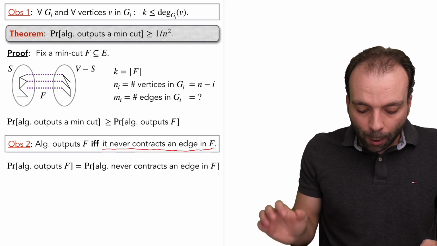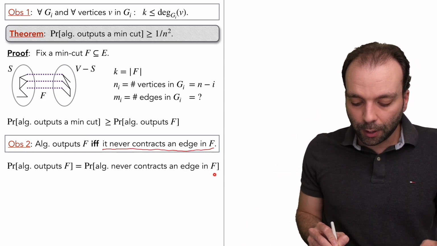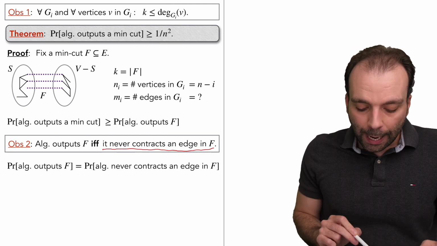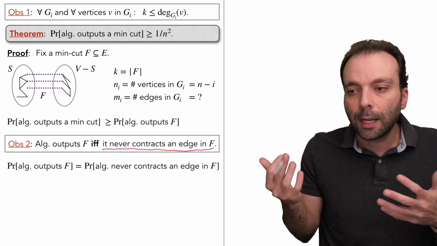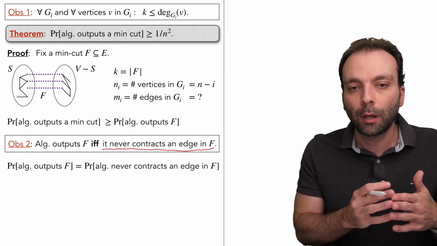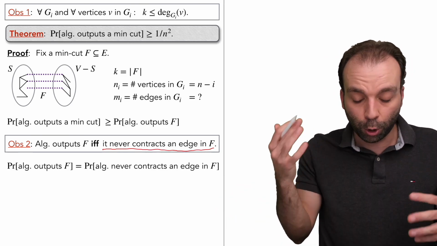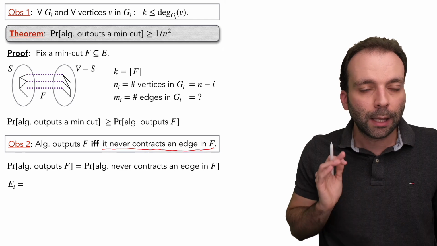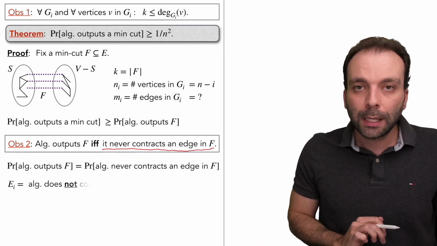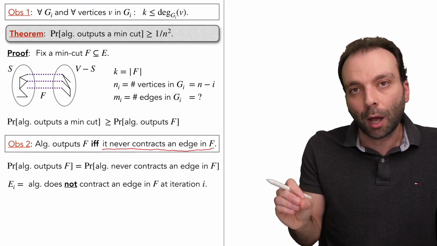Now I want to write this probability, that the algorithm never contracts an edge in F, in a convenient way. Usually when you have an algorithm that goes iteration by iteration, it's a good idea to break it up based on the iterations. So let's create this event E sub i to be the event that the algorithm does not contract an edge in F at iteration i.